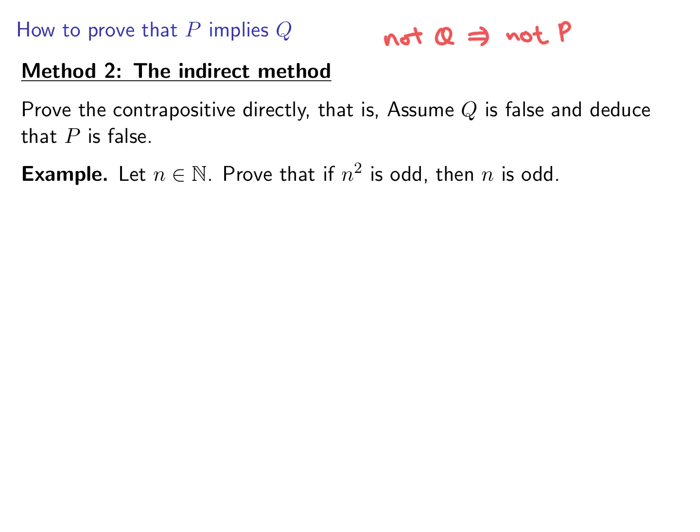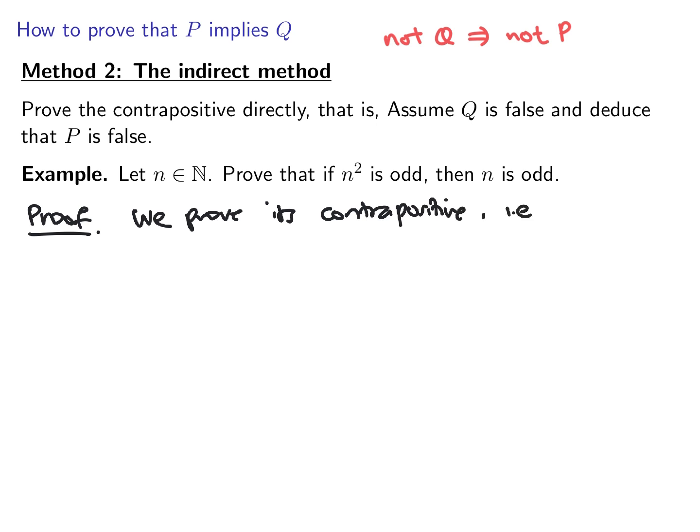We prove its contrapositive, because what is the contrapositive? Let's write it down, which is what? Let's repeat the assumption again. Here, let n be in N, we prove its contrapositive.